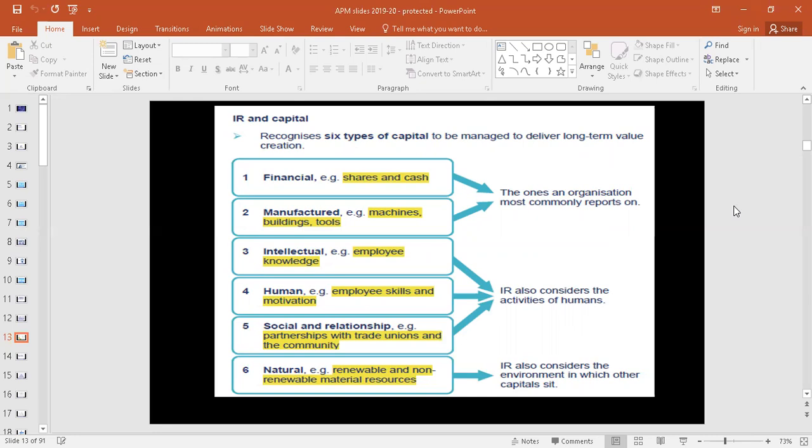Then the third and fourth are about the human beings, the human resources which the business has, and the intellectual capacity, intellectual ability of these employees. So the third type of capital is intellectual capital.